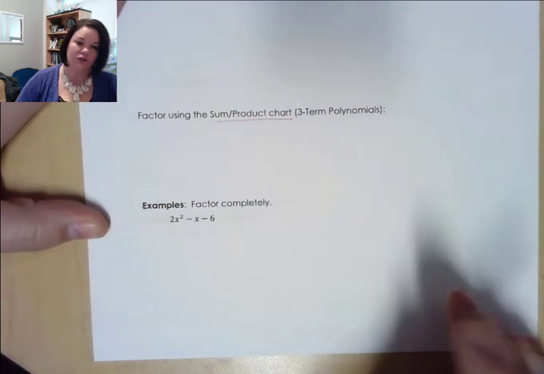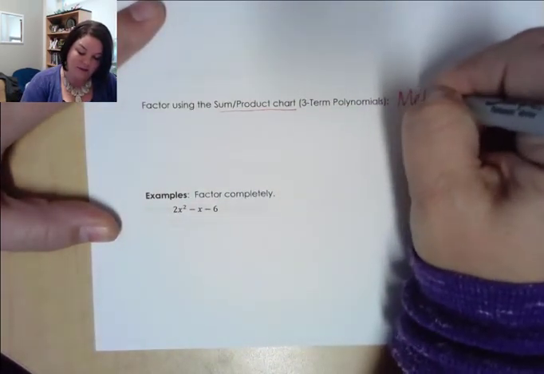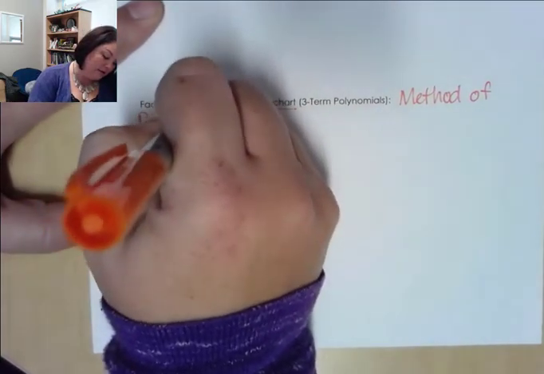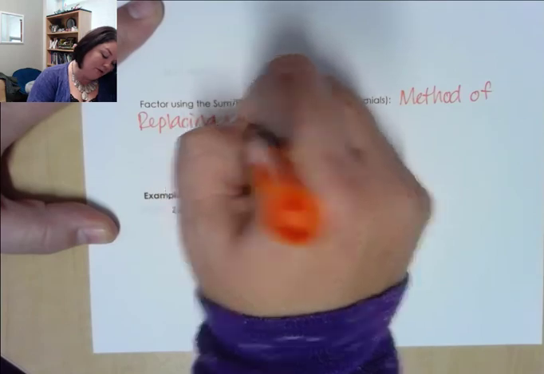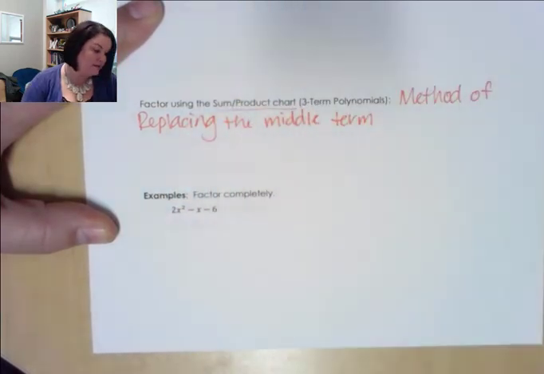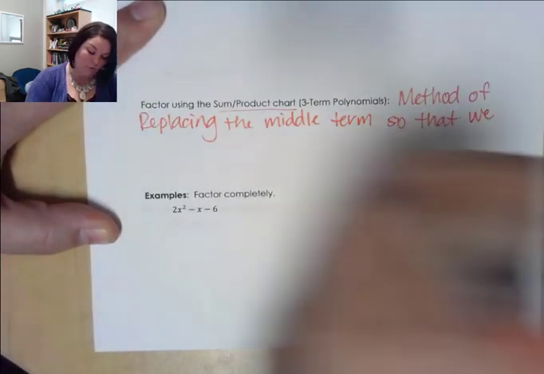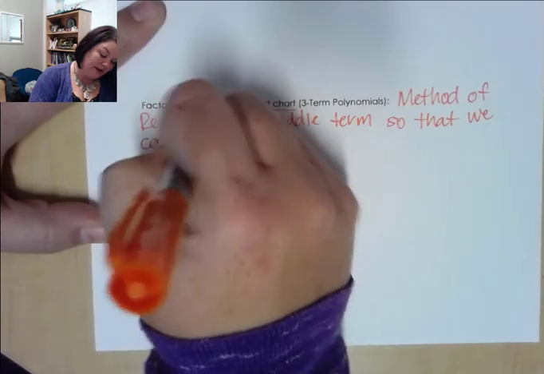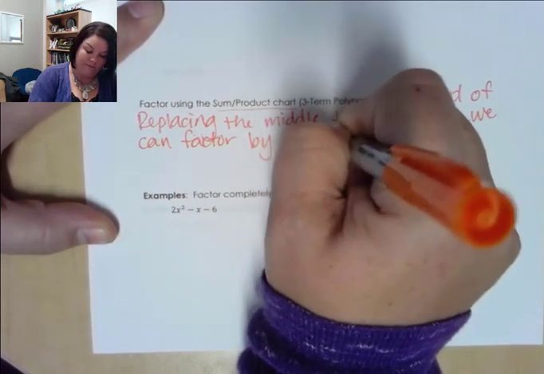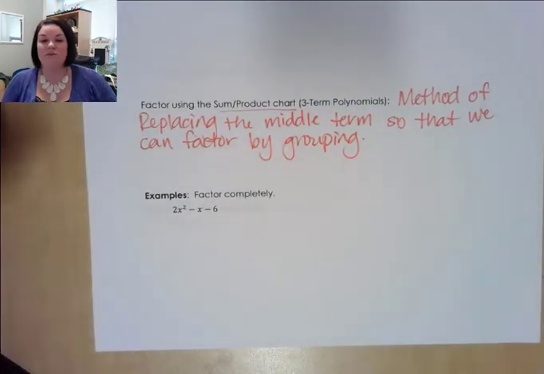We're going to do this little chart, and what we're doing is this is just the method of replacing the middle term so that we can factor by grouping. Okay, method of replacing the middle term so that we factor by grouping.